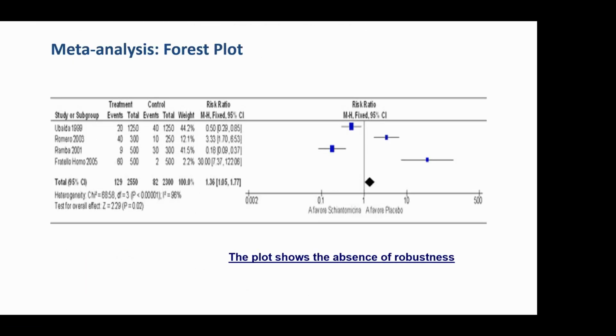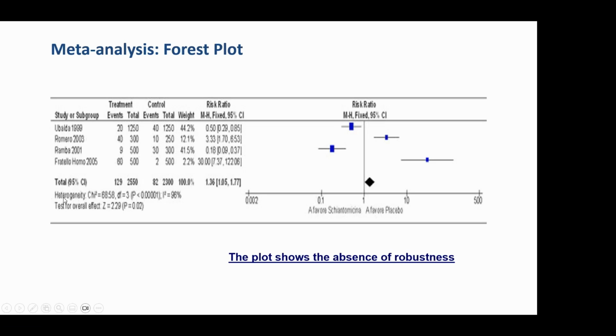So if we now look at this forest plot again, despite its very low quality, you can see we are in the case where 2 studies are saying one effect, 2 are saying the other effect. This is in Italian below. It says in favor of this drug and in favor of the placebo. You can see that the final effect here is in favor of the placebo, because the diamond is all on one side.